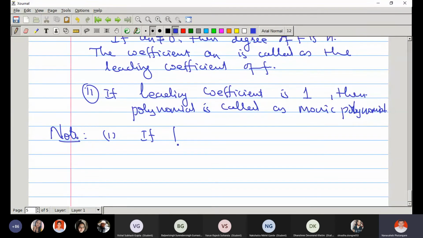So if f of x is equal to a constant, right? Constant means what? For example, if I have f of x is equal to 5, is it a polynomial?